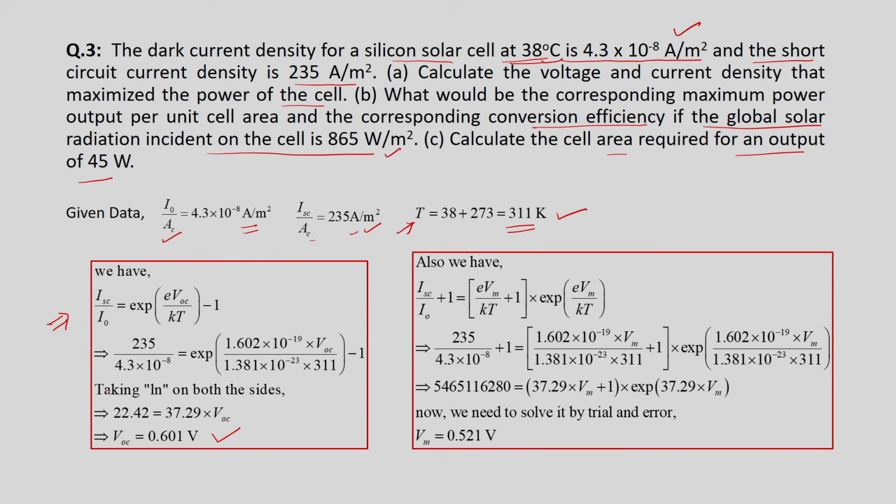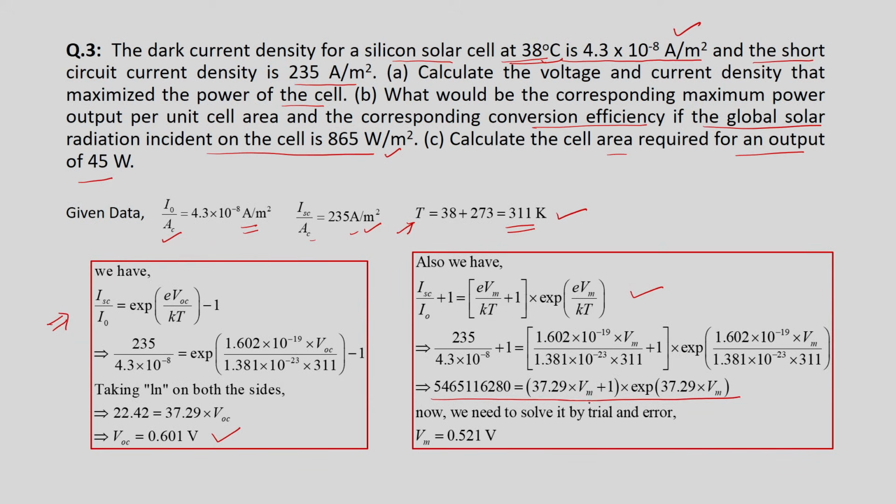We substitute these values and take ln on both sides, and finally we have VOC as 0.601 volt. Also, we know this expression. In order to calculate VM, we need to use this expression. On substitution of the given data, we can develop this expression.